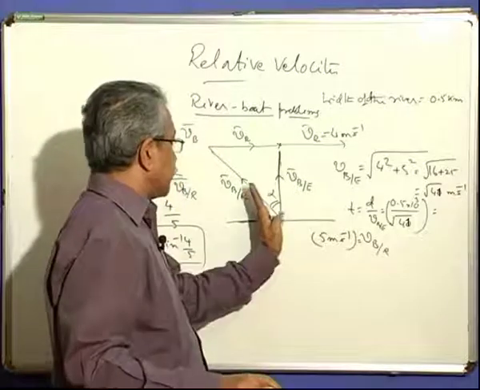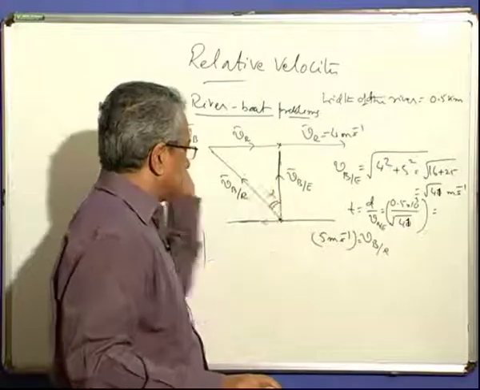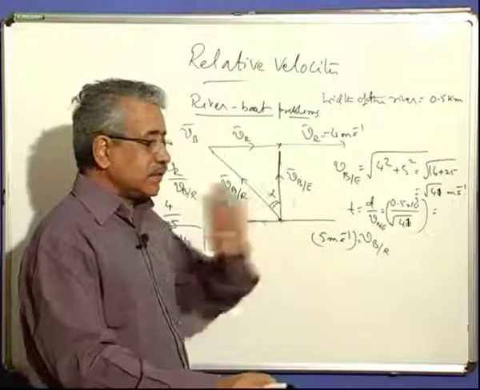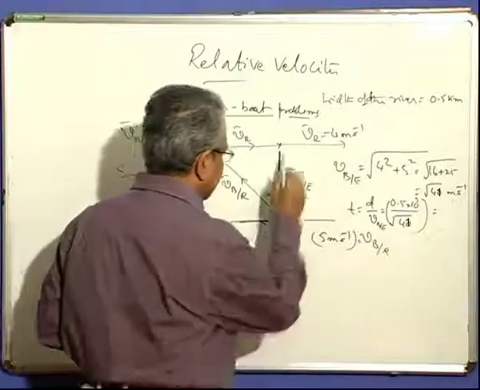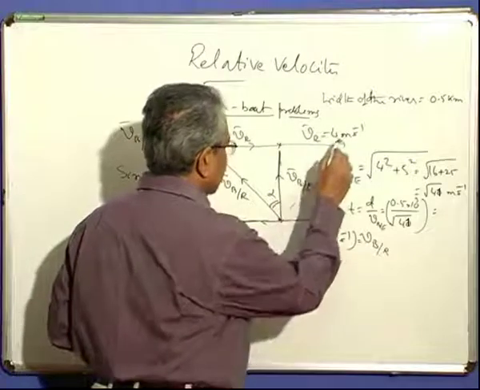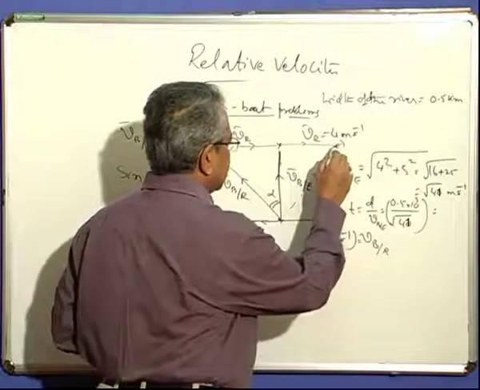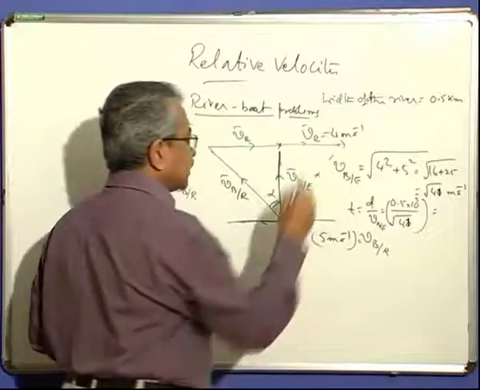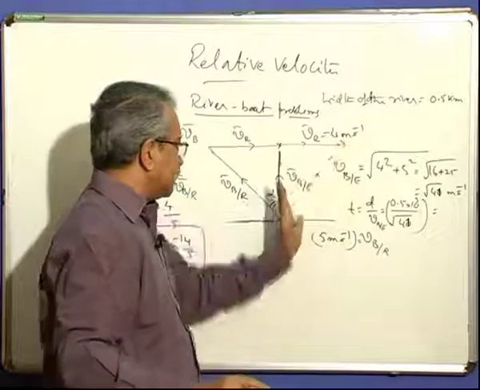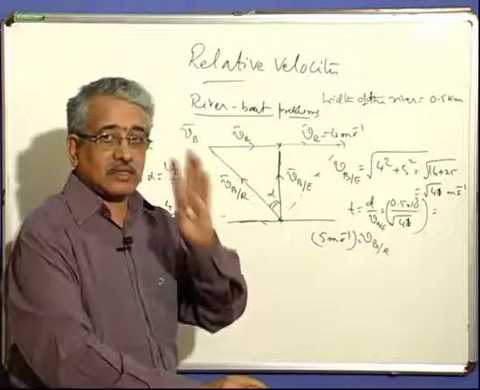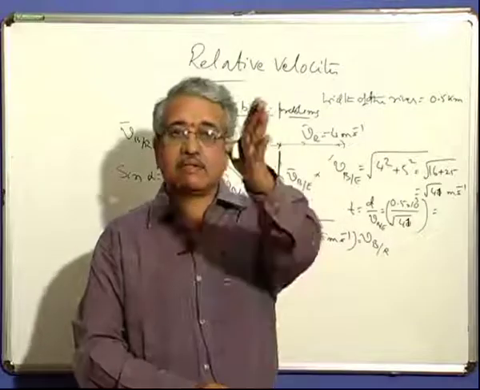Here it will take more time because you are heading up the stream and you will push like this from there. Suppose you want to take least time, then you start directly straight away. Then you are going down the stream, the river also is down the stream, both velocities will help you, and you will reach a point not in the same place, a different place. This will take the shortest time. For the shortest path, you must head straight away.